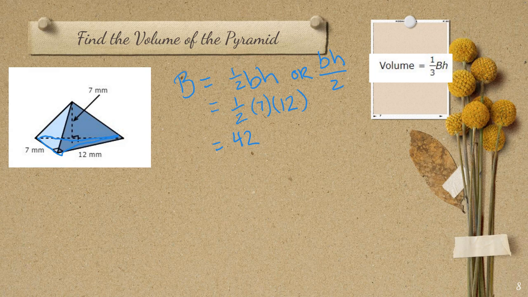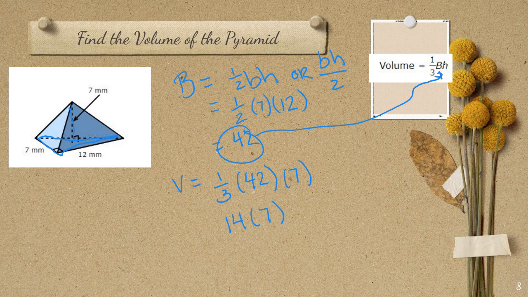So once you have 42, now we plug that in for our capital B in our equation. So now the volume is going to equal 1/3 the area of my base, which was 42, multiplied by my height, which is 7. So 1/3 times 42 times 7. 1/3 times 42 gives me 14.